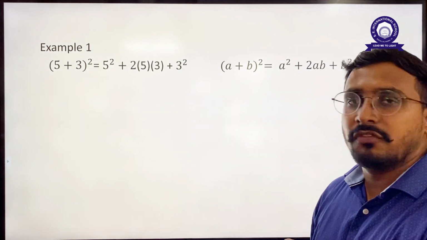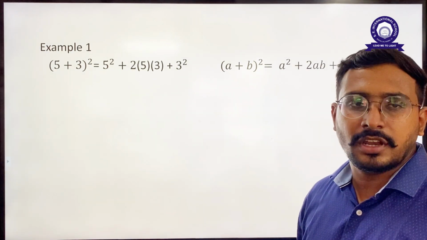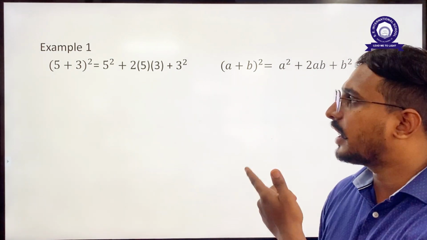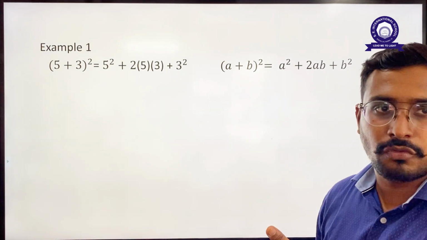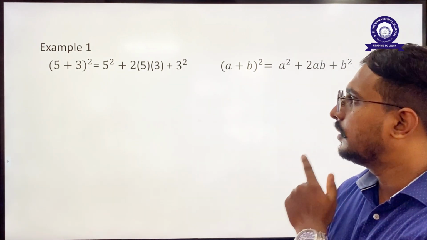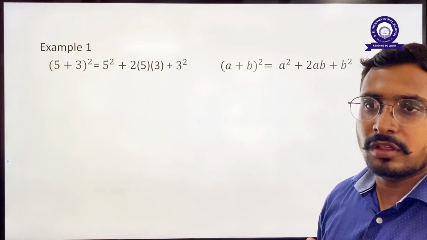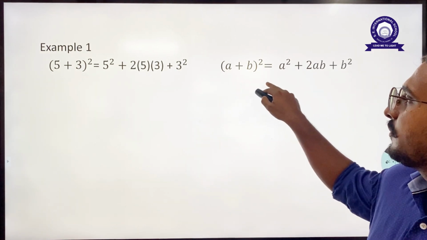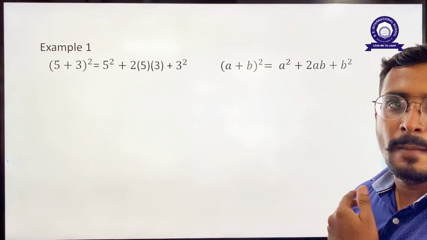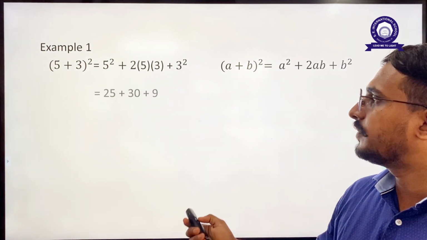Consider 5 as A and 3 as B. So you can write it as 5 square, which is A square, plus 2 into A and B, which is 5 and 3, plus B square, which is 3 square. We have used the formula (a plus b) the whole square, which is a square plus 2ab plus b square.